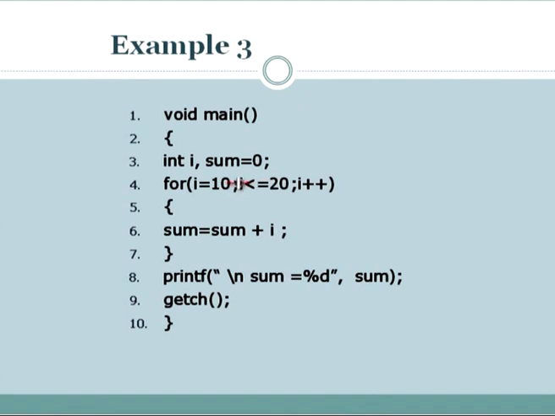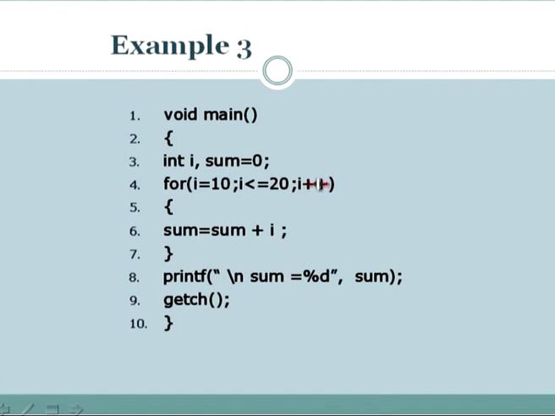13 is less than or equal to 20. Yes, the condition is true, and thus 13 will be added to the current value of sum. This process will continue, each time the value of I being increased by 1, and then the condition will be evaluated. The process will continue until the value of I becomes greater than 20.